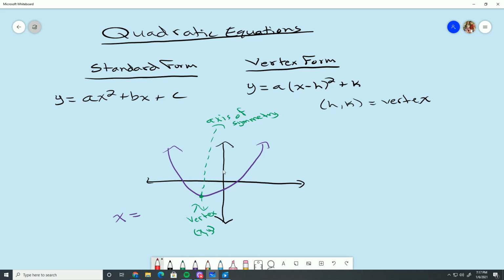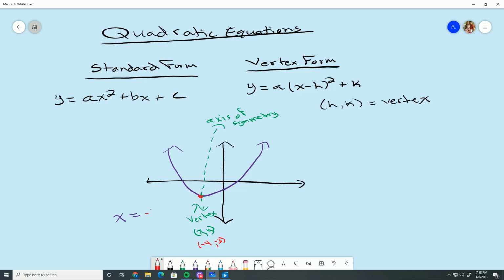So for example, I'm going to make something up right here, but something realistic. Realistically, this vertex could be maybe (-4, -3). Realistically, that could be that point. Okay, so if that was that point and I asked you what's the axis of symmetry, your axis of symmetry is x equals -4.